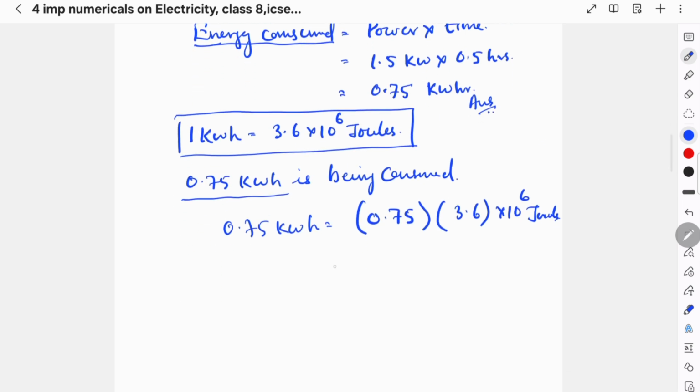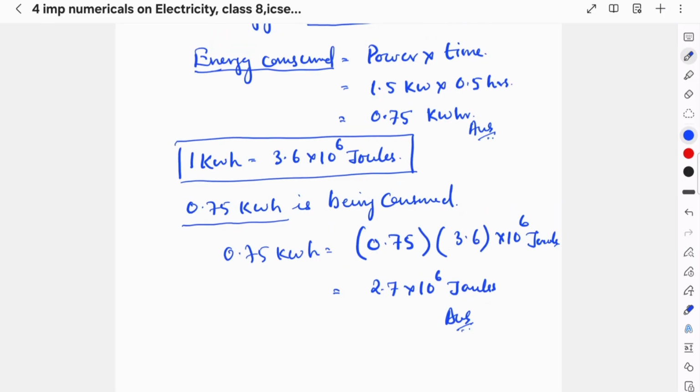After solving this, we get 2.7 into 10 to the power 6 joules. So for part A, our answer is 0.75 kilowatt hour, and for part B, our answer is 2.7 into 10 to the power 6 joules.